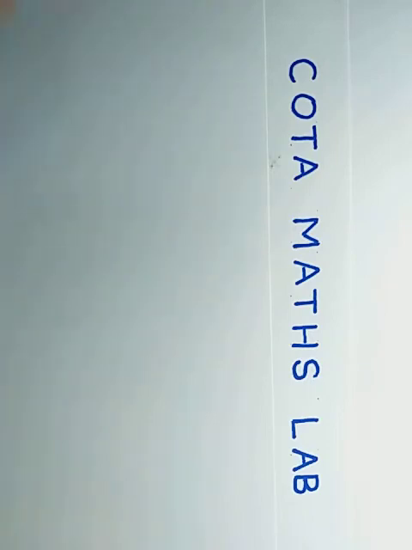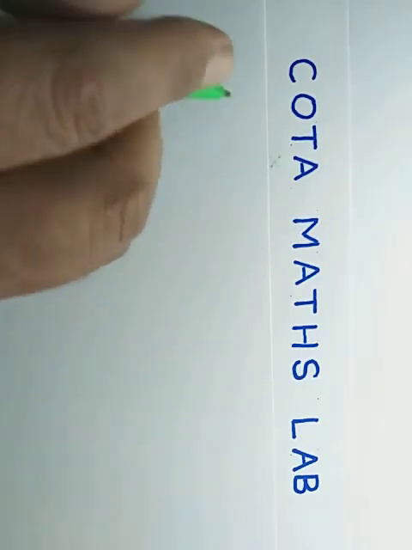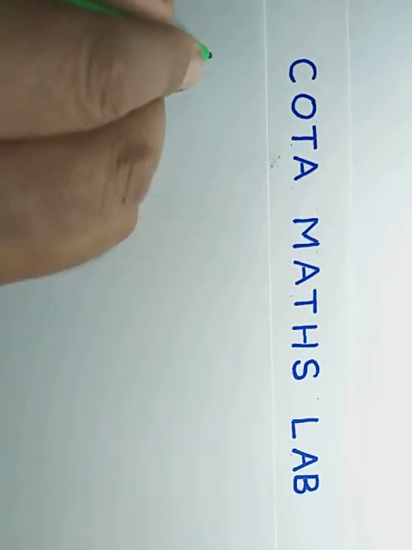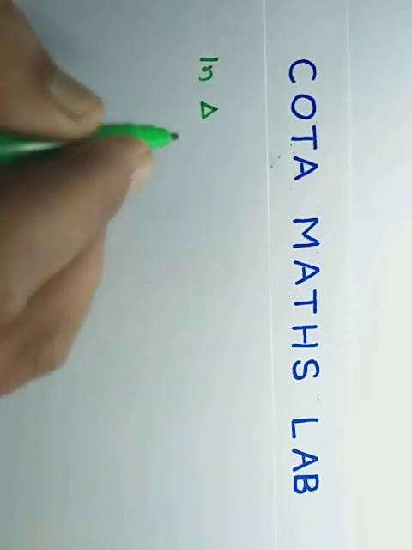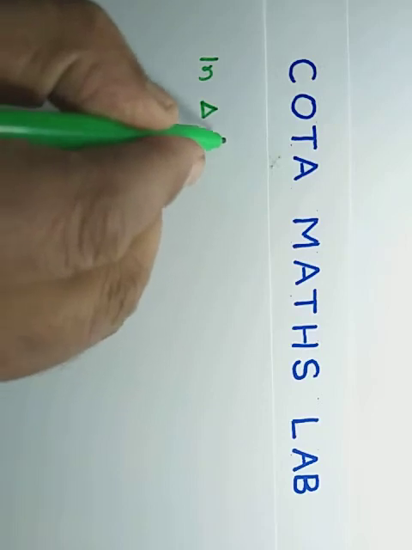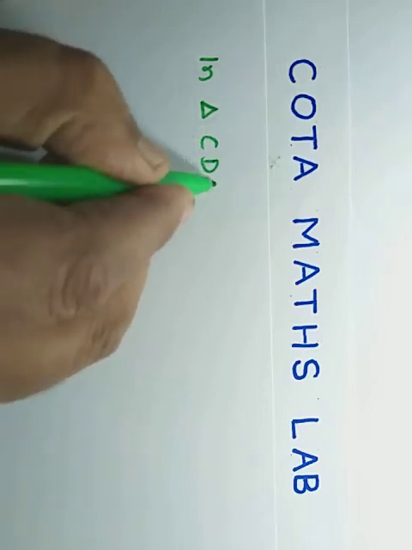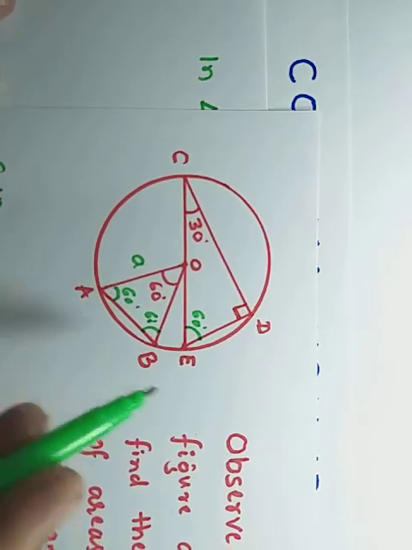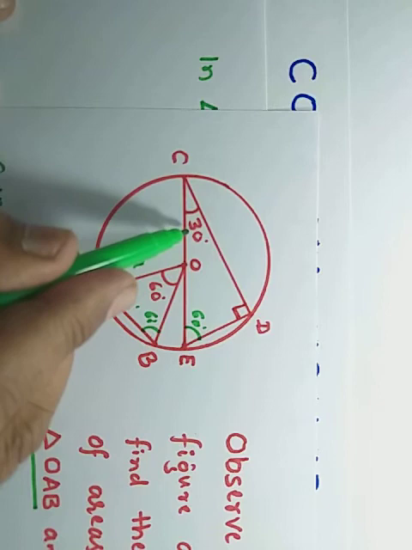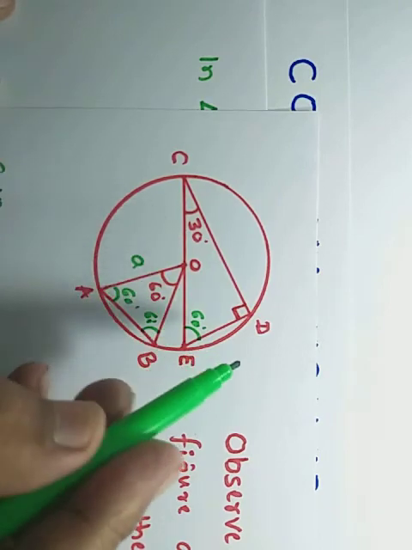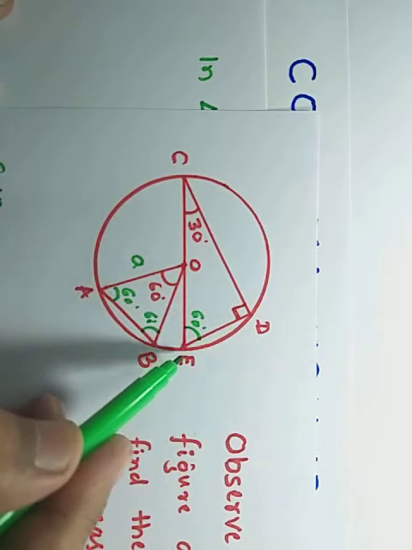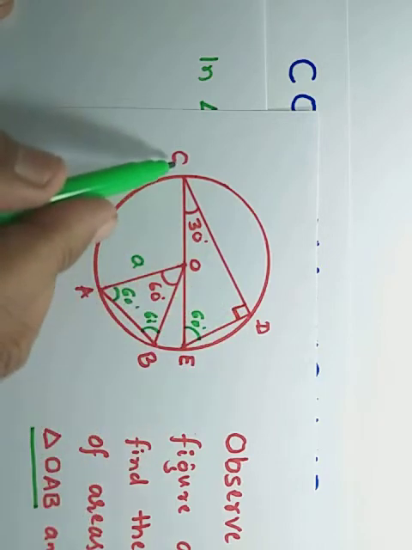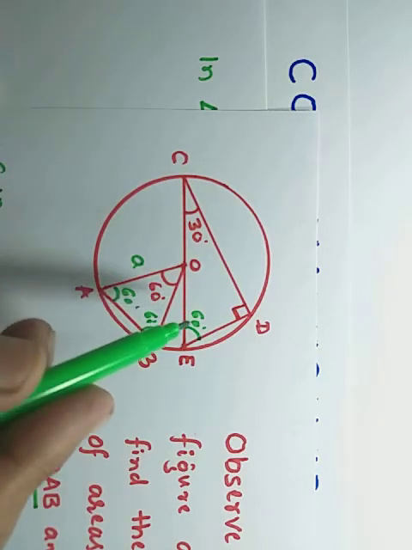Here in triangle CDE, what we will do is, in this figure 30 degrees is given and this side we want is DE. Therefore, we will apply the sine function.